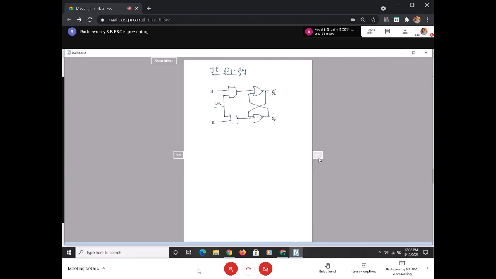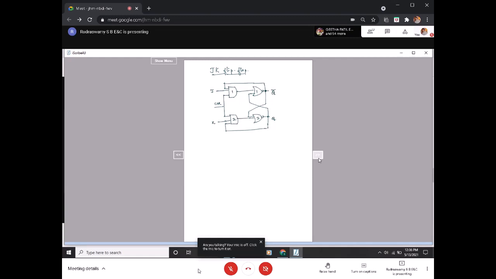That's what I'm asking now. So the AND gates, which were 2 input earlier, now become 3 input. The NOR gate remains the same. Now the feedback from output to input comes. The Q bar will be one more input for the first gate, and Q will be the other input for this. So this is my simple JK flip-flop using SR latch.